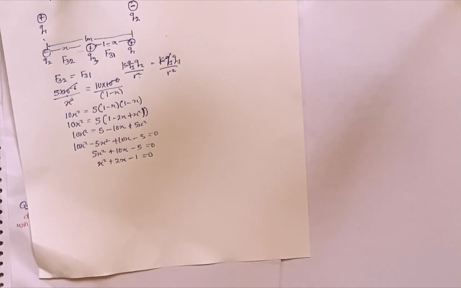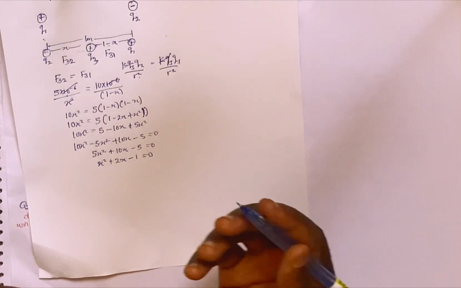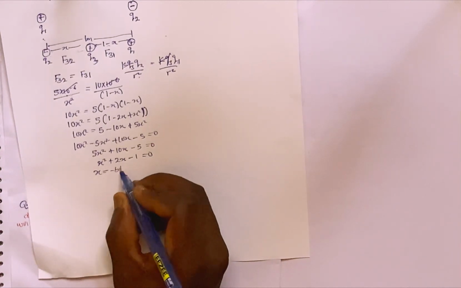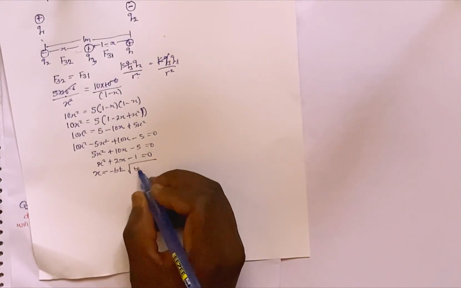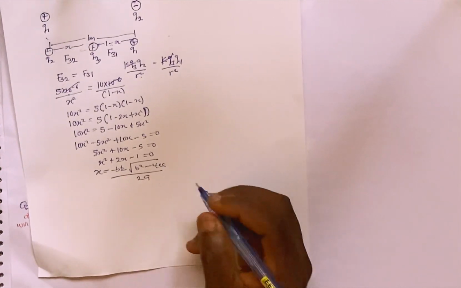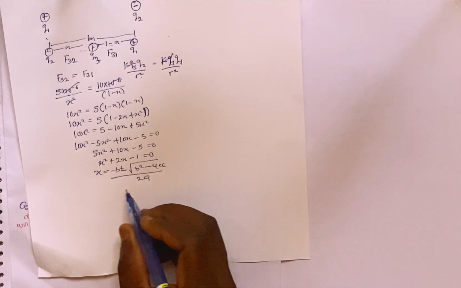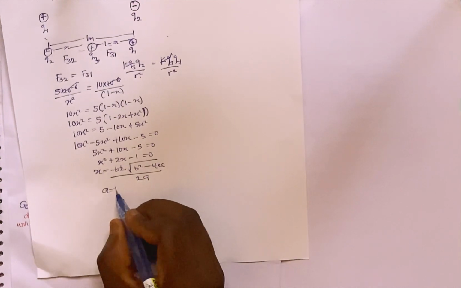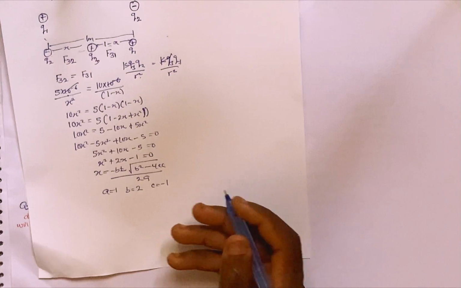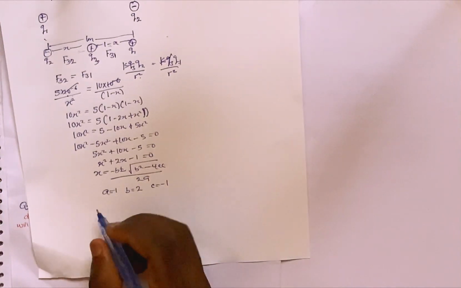So here I can just choose to use quadratic formula or try to factorize. So using quadratic formula, you're going to record the formula x equals minus b plus or minus root of b squared minus 4ac, all divided by 2a. So in this case, your a equals 1, your b equals 2, your c equals negative 1. So try to put in the formula. You get the value of x.